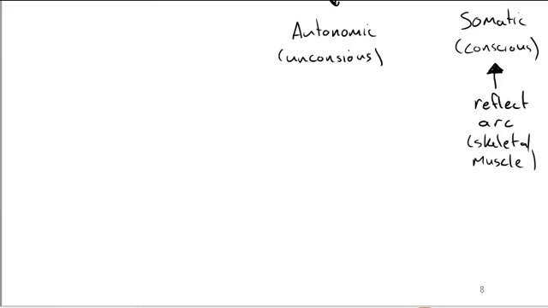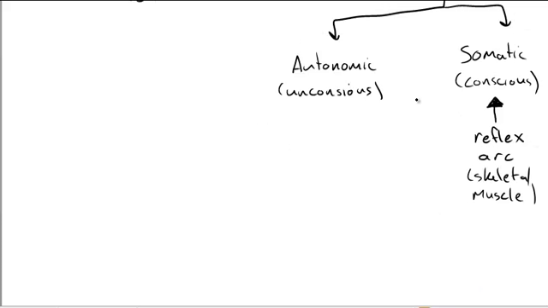So that's a weird place for a reflex arc. Sorry, not reflex arc, but that's where it fits. And I won't test you for that because I can understand how, if you understand that the autonomic is unconscious, why you might think reflex arc should fit under there.